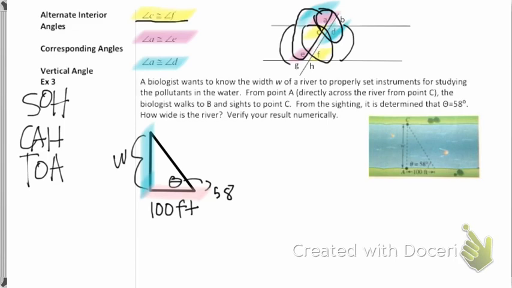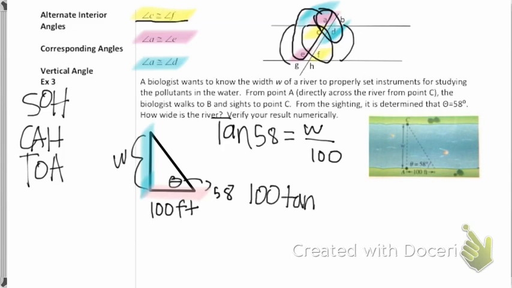So we do tangent of 58 equals W over 100. Now 100 times tangent of 58 equals W. How I got this is that I multiplied both sides by 100.